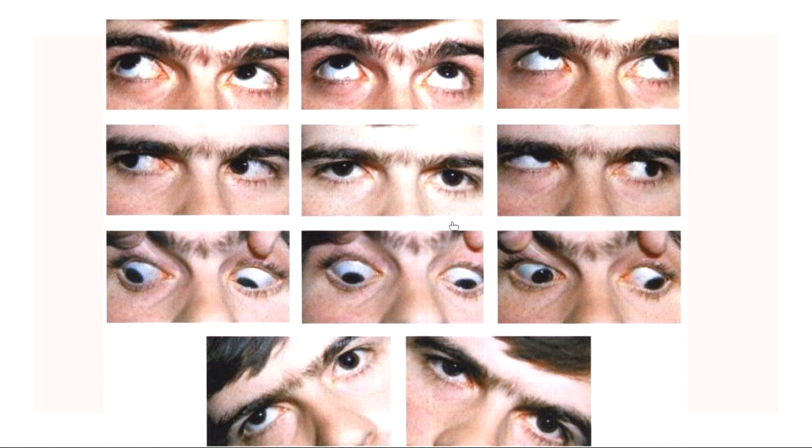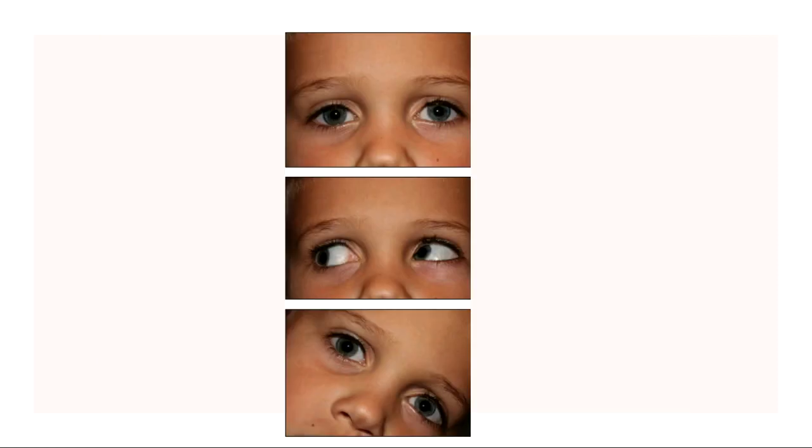When he looks to the left side, to the opposite side, you can see that the deviation appears even worse when he looks there. And then when he tilts his head to the right, you can see that the deviation appears worse there as well. So these are just some tests that we do to confirm a fourth nerve palsy.